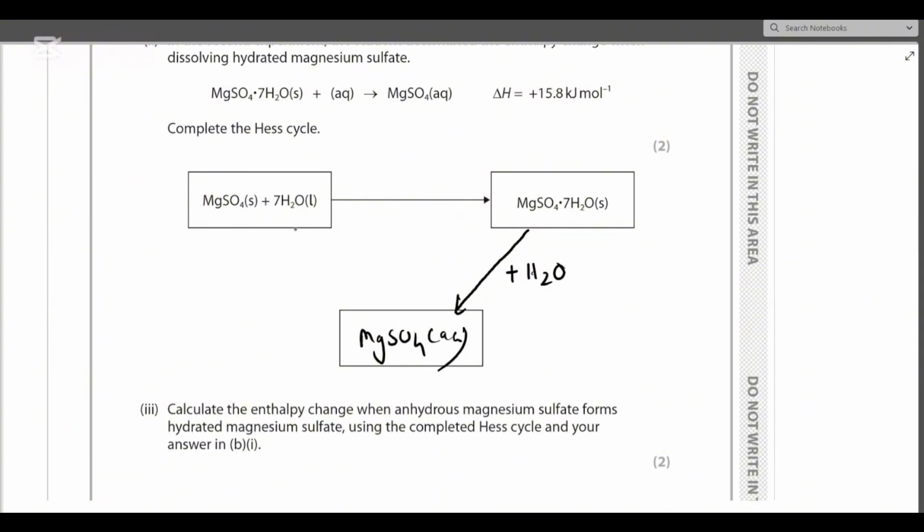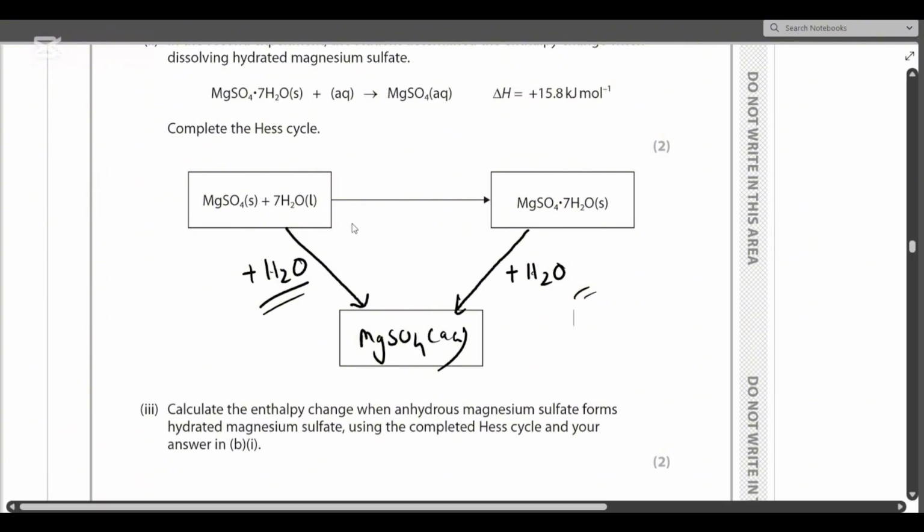On the other hand, when you create a hydrated salt by adding the anhydrous salt, magnesium sulfate, with water, in this case also you have water as a reactant. So the common species in both cases is water, because both of them go through the enthalpy change of hydration.